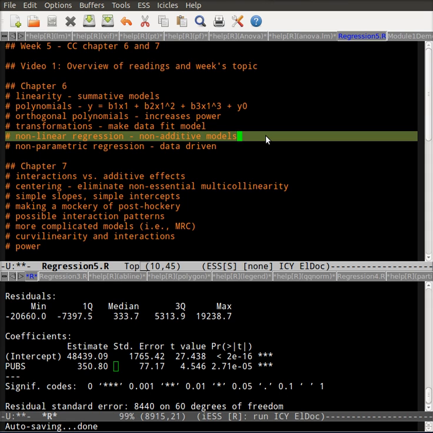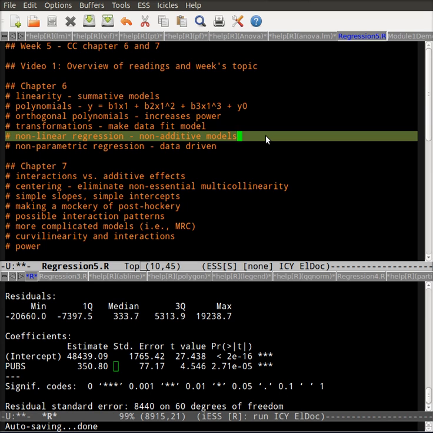Chapter 6 is really an essential piece for understanding where an interaction fits with the additive model. And that's precisely where Cohen, West, and Aiken start, is they talk about interactions and additive effects, and that interactions really are additive effects, that they are added to what we would consider to be our main effects or our primary predictors, but that interactions are tested above and beyond those main effects.